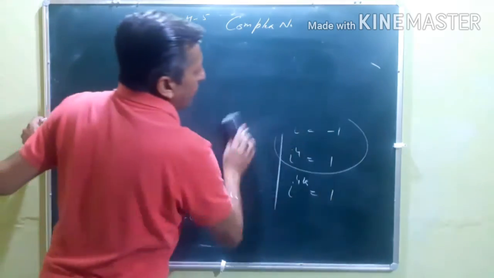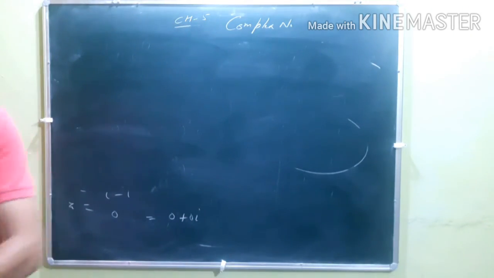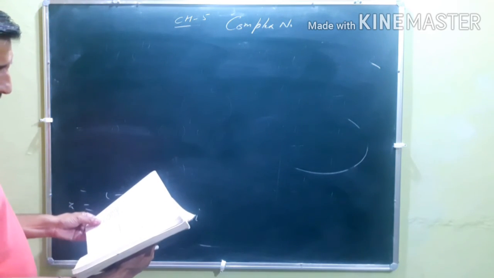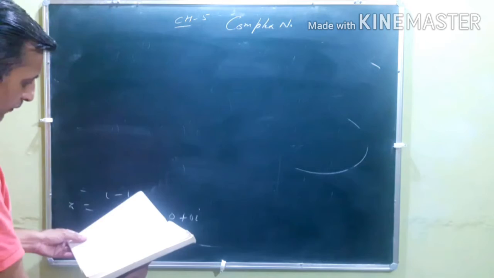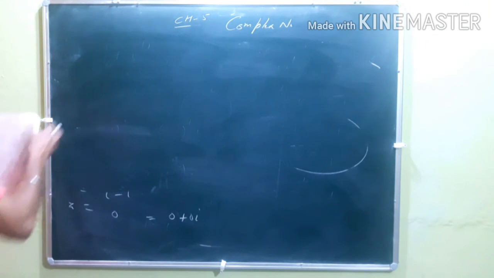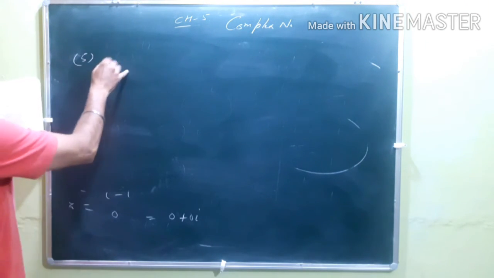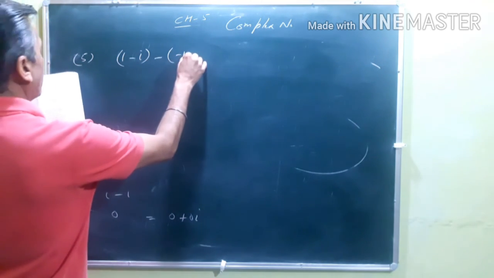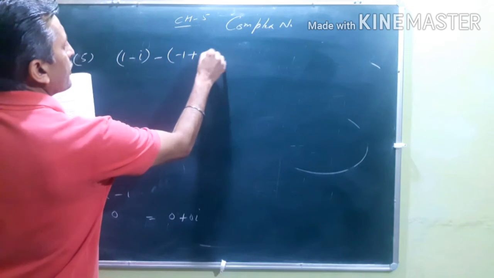Similarly, you can solve any part. Now I am taking one more part from your book. You can take any one. I am taking the fifth part: 1 minus iota minus minus 1 plus 6 iota.